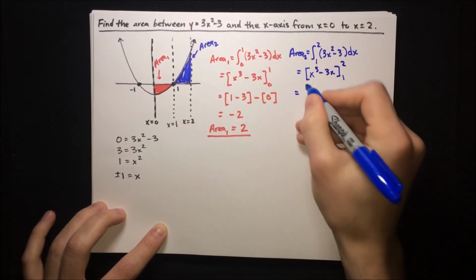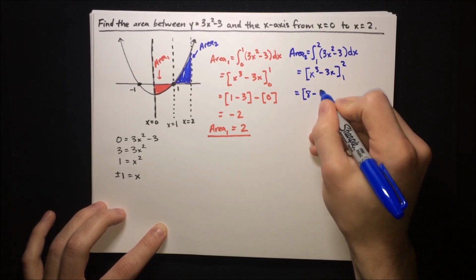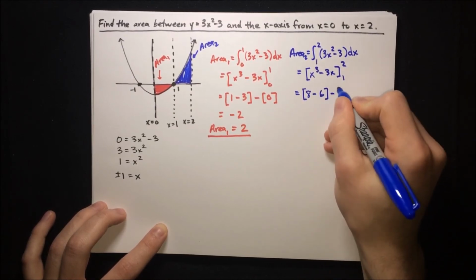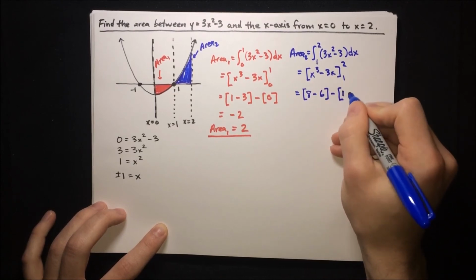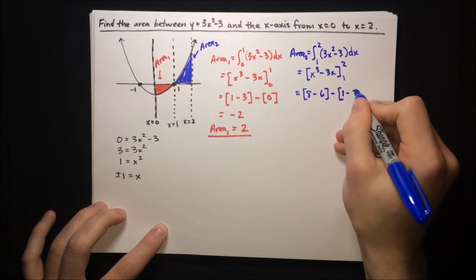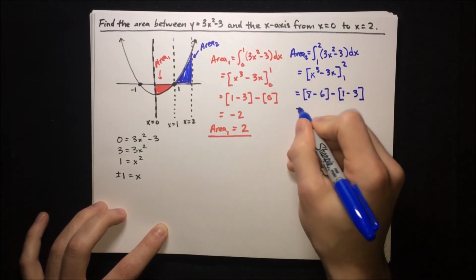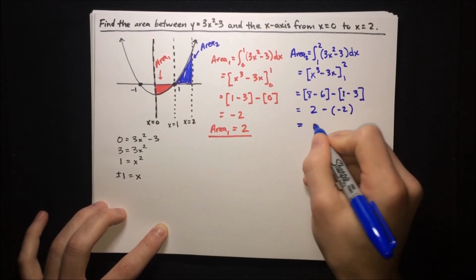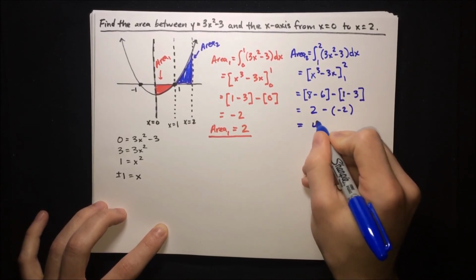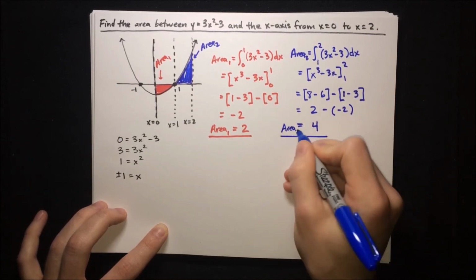We'll plug in the 2, and we get 2 cubed is 8, then minus 3 times 2 is 6, minus plug in 1, we've got 1 cubed is 1, minus 3 times 1 is 3. Alright, so this is 2 minus negative 2, which just comes out to 2 plus 2 is 4. So area 2 is 4.